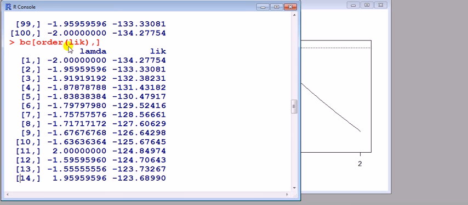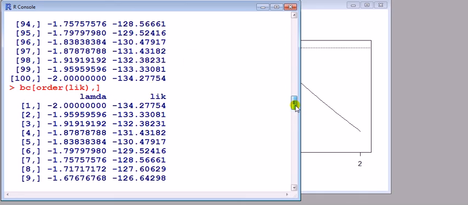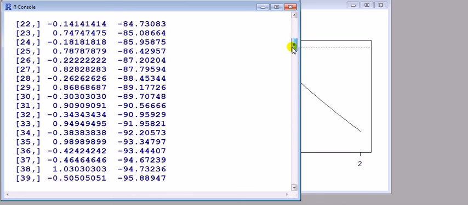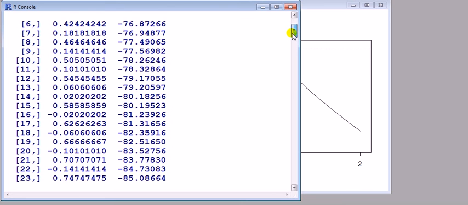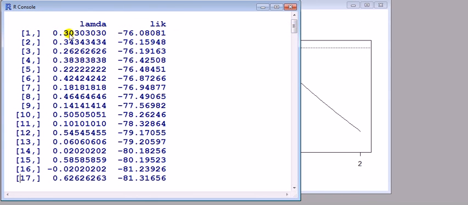In case you're asking me why am I ordering just by likelihood, not by lambda, it's because I'm looking for the lambda that's associated with the maximum value of the likelihood. That's why.